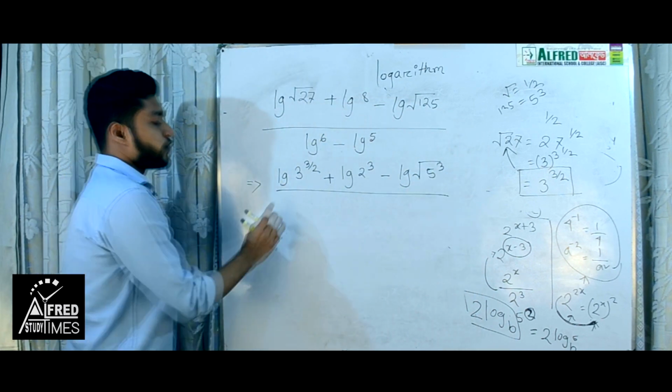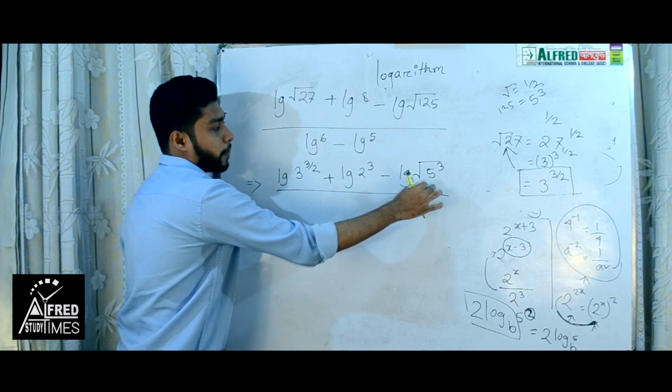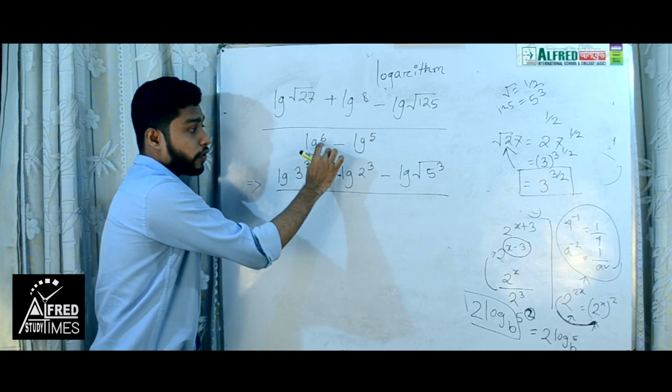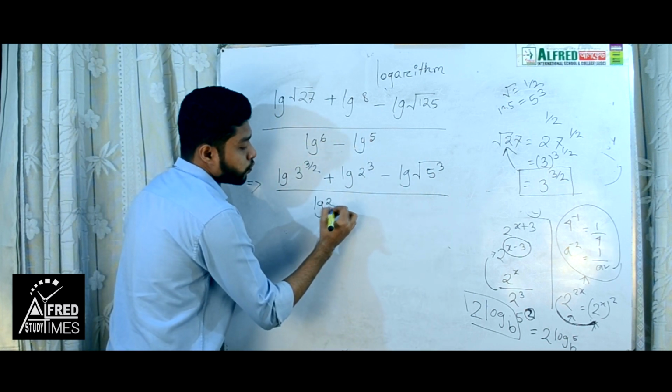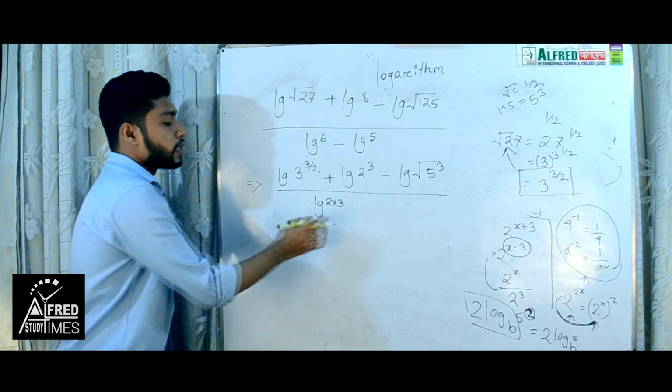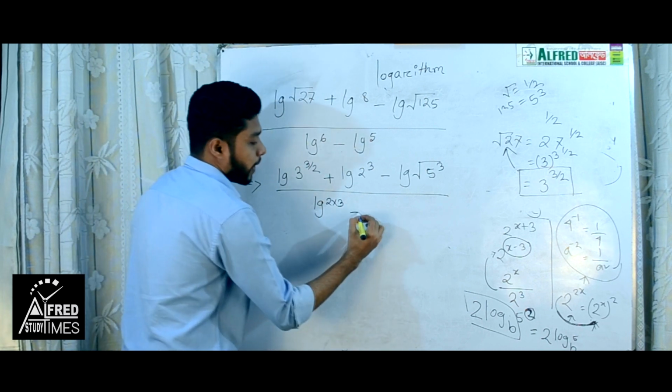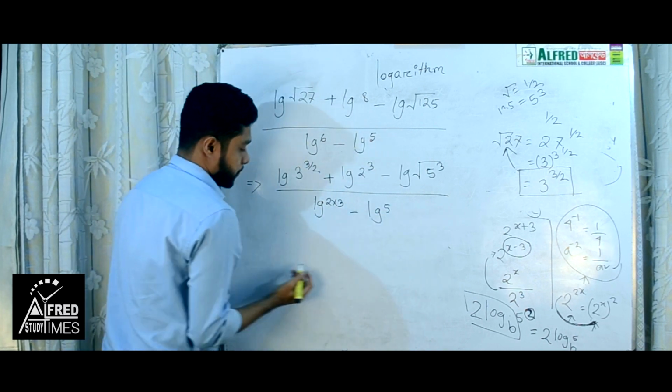Now you can see there are 3, 2, 5, but there is only 6. We can write 6 as log 2 into 3. You know both are the same, minus log 5.